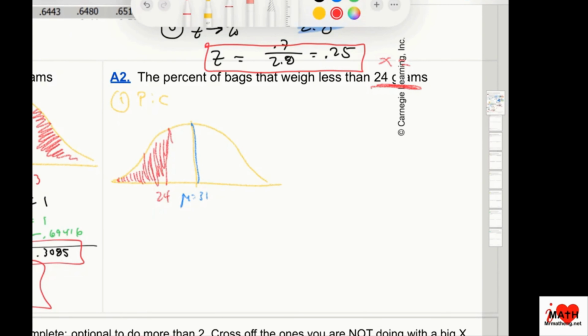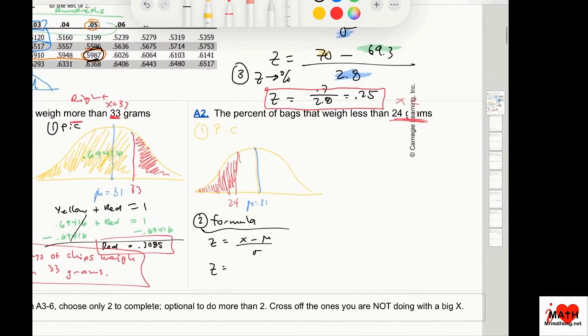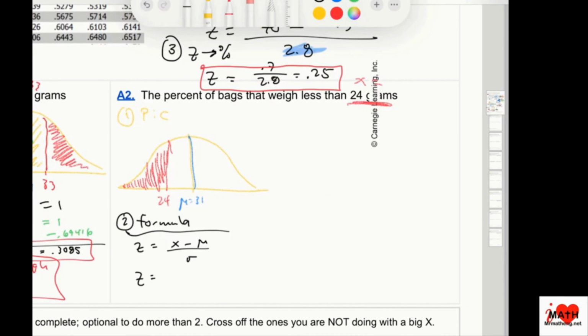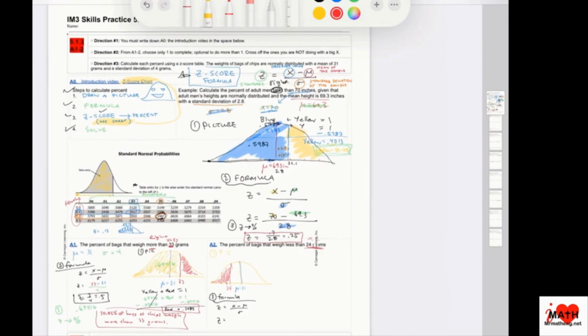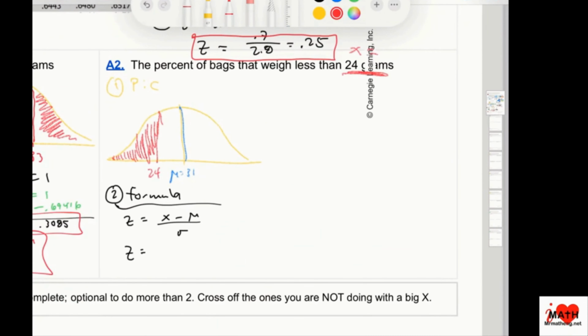Okay. Step 2, we're going to use our formula. And that is z equals x minus the mean over the standard deviation, where our observed value is x, which is 24, and the mean is 31.